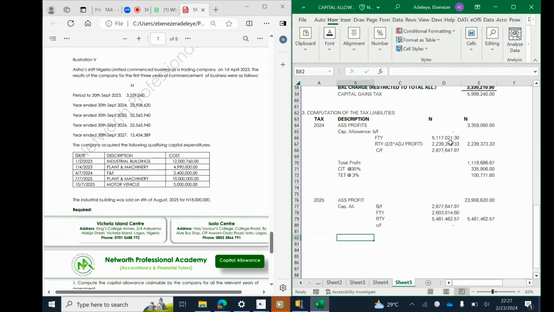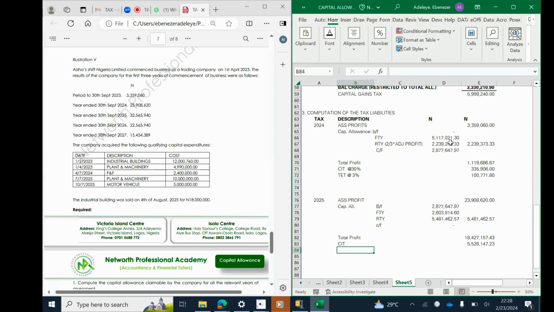But then our total profit will now be this minus this, and our CIT would be 30% of that, which will be this times 0.3.